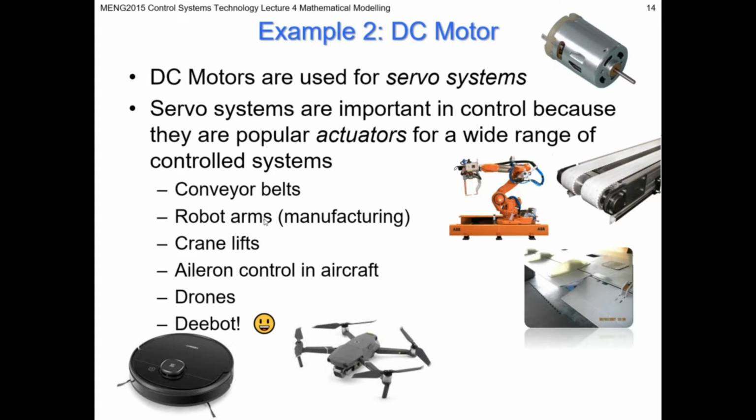Drones, another one. In fact, drones are quite an interesting control problem because they have incredible abilities to maintain stability, not only height, but also pitch and yaw. They can resist breezes and maintain a constant GPS position.